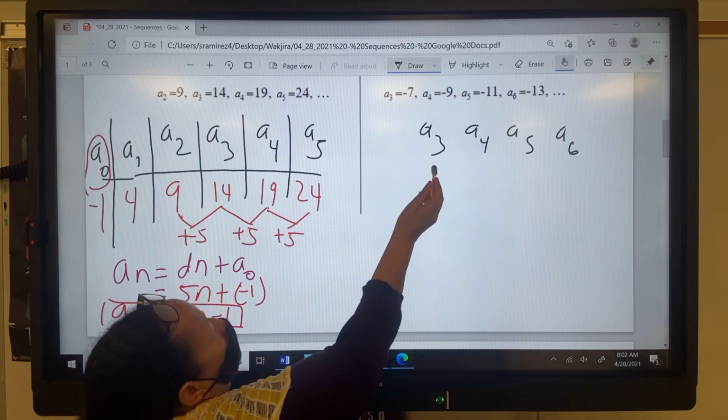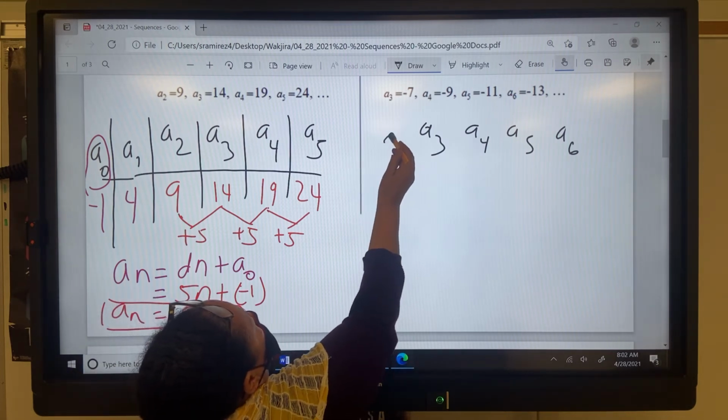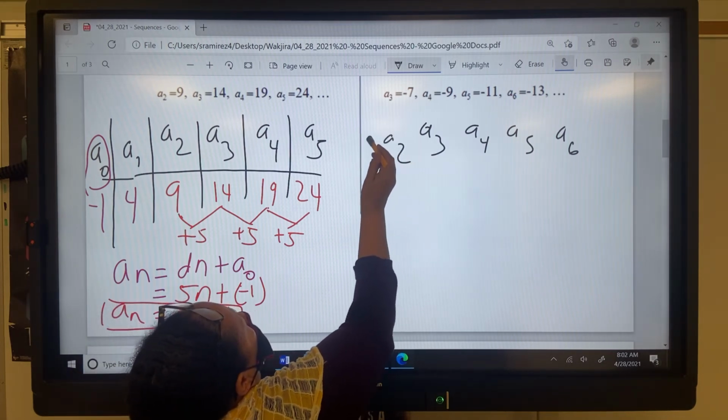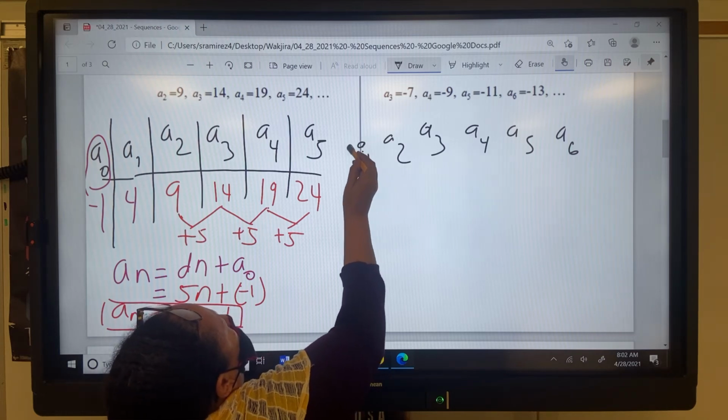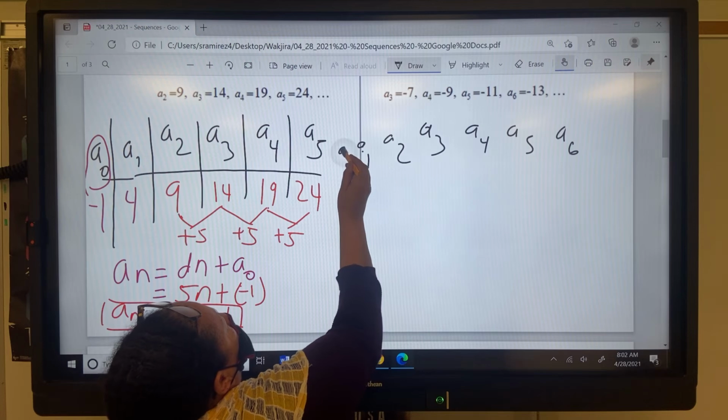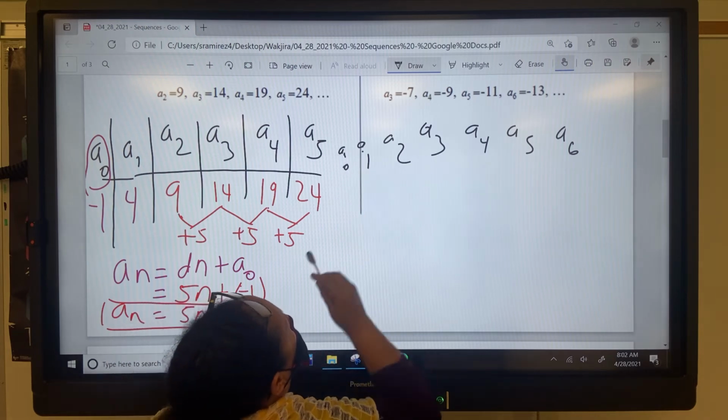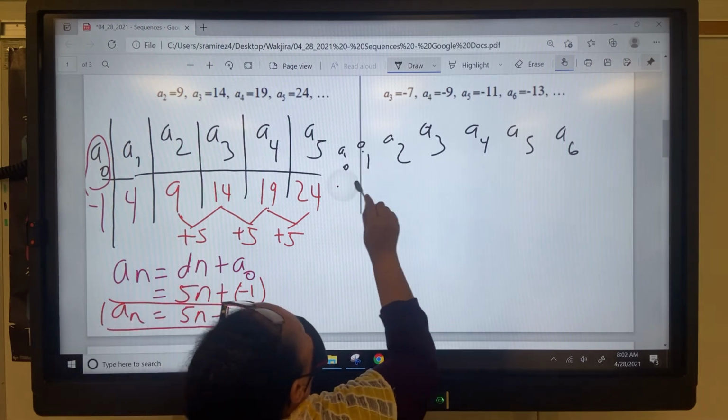So to the left side, we have to come up with A sub 2, A sub 1, and A sub 0. So we make our table.